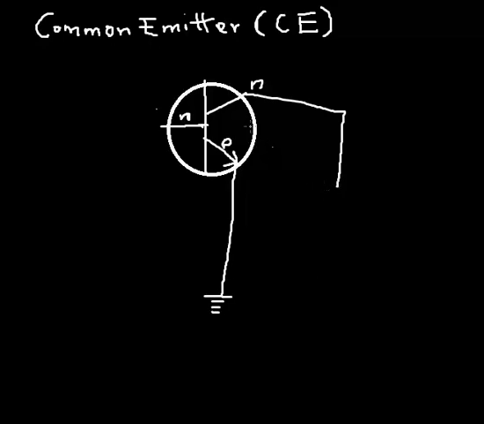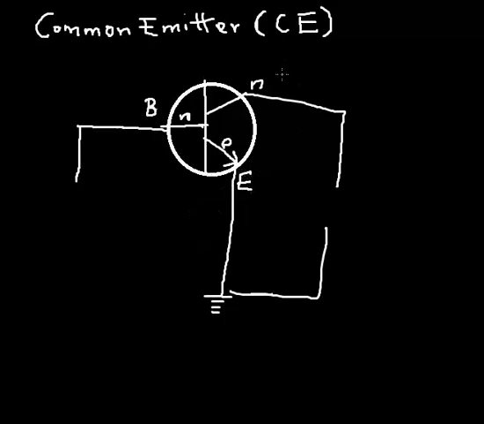Let's connect our circuit. This is where I'm taking my output. Of course, my input is going to be across this. This is the base, this is the emitter, and this is the collector.